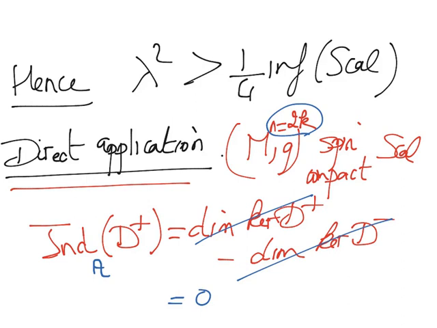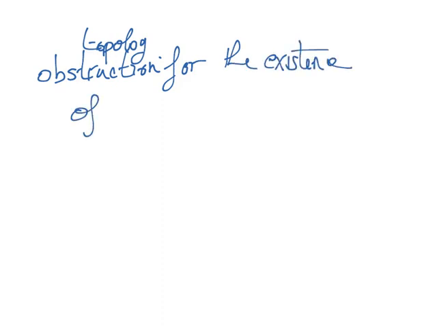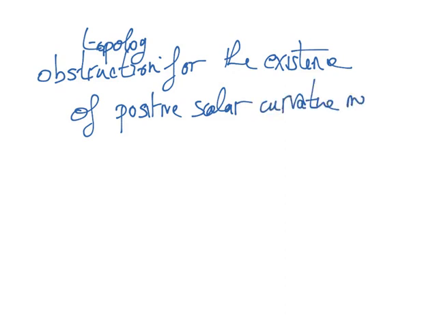So this gives a topological obstruction for the existence of positive scalar curvature metric.